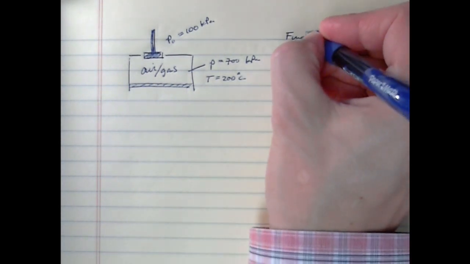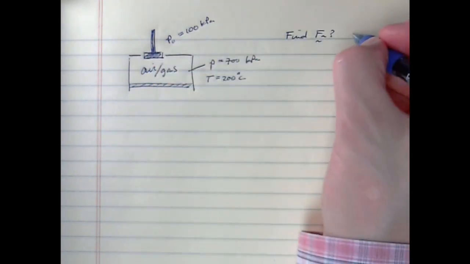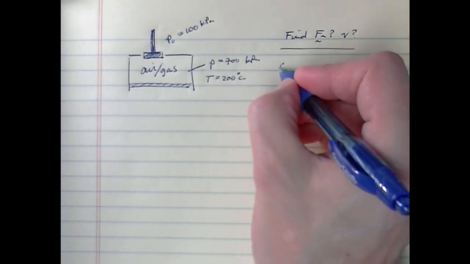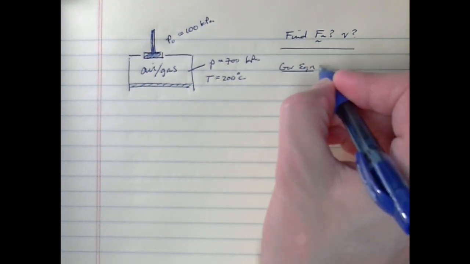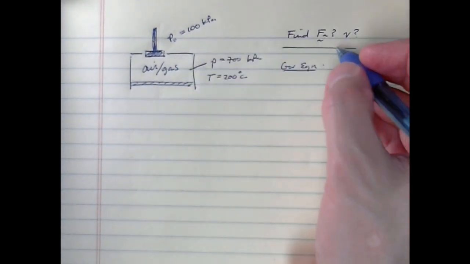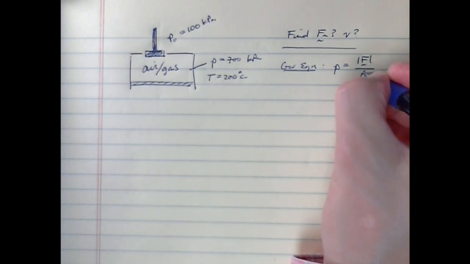We want to find the force that we have to apply to this lifter, and we want to find the specific volume of the air inside. So our governing equations are going to begin with really how does pressure and force relate. A pressure is a magnitude of force over an area.